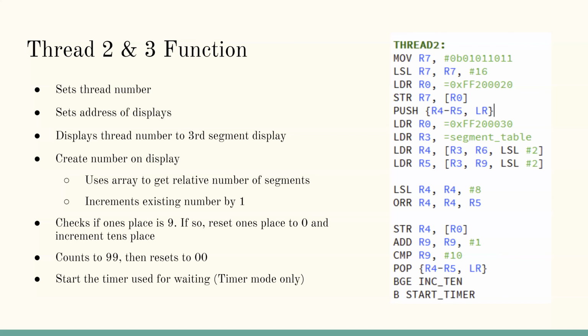We also have one so that once both reach 99, it resets both of them back down to 0. And as Luke mentioned before, we also have the timer included there so that we can start it before it goes right back into the main thread. Otherwise, when we don't use the timer, we're just setting up to return straight back to the thread without having to wait for anything.